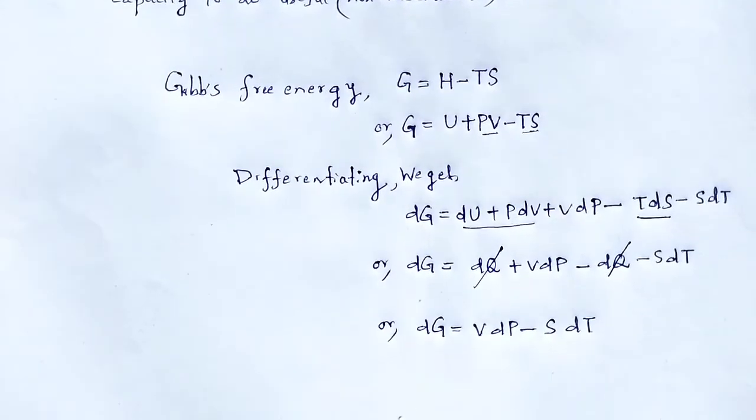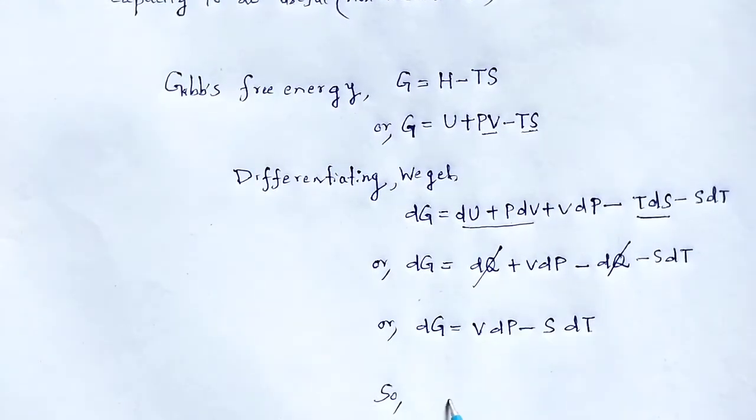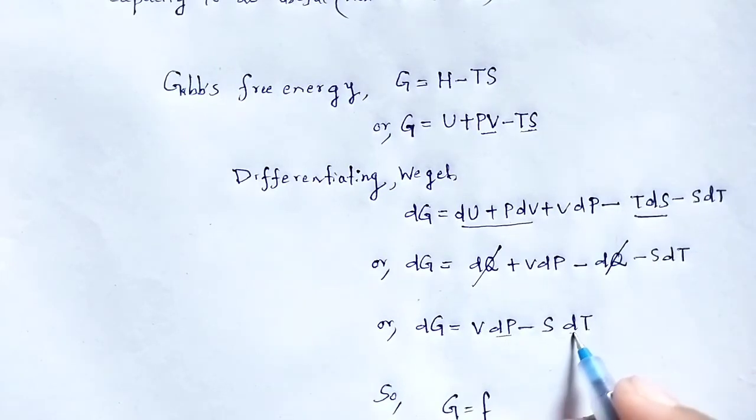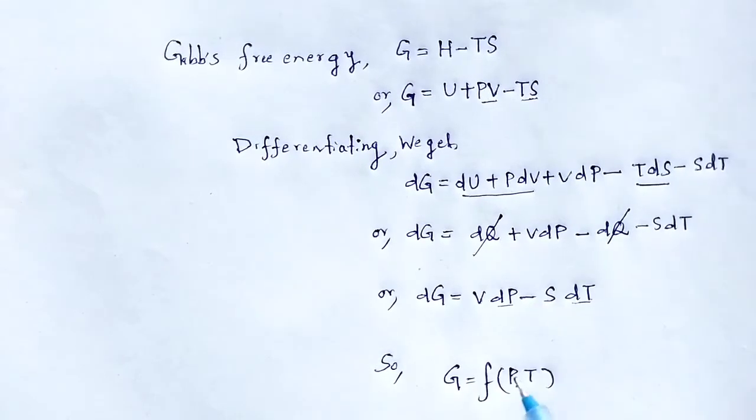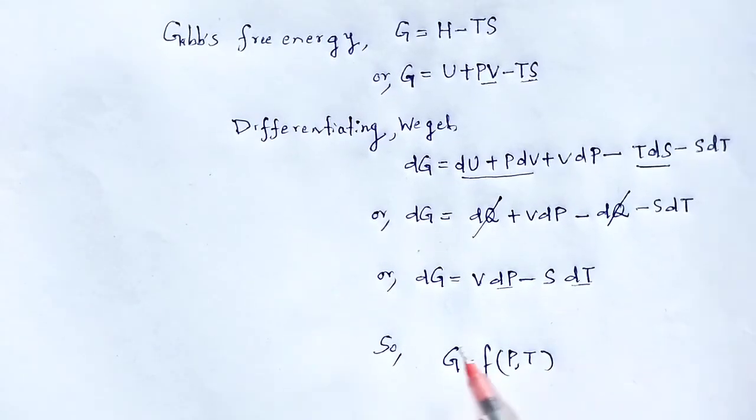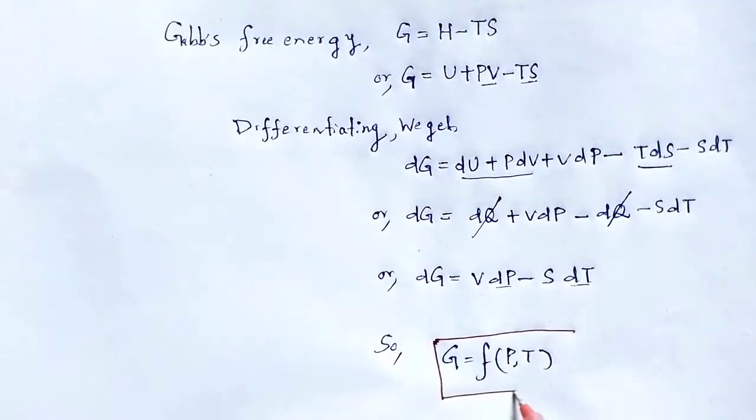Look at that equation. G is a function of change in pressure and change in temperature, that is P and T, pressure and temperature. So Gibbs free energy is a function of pressure and temperature.